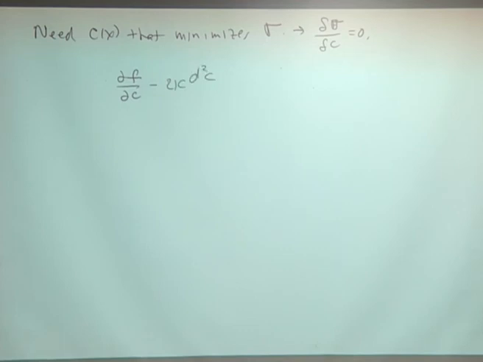And so we need the composition profile that minimizes the interfacial energy, and that's given by equals 0. And we already have that before. We did that once already. It's the partial of f with respect to c minus zero.